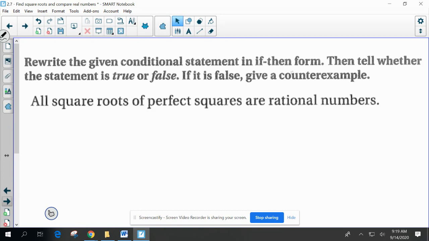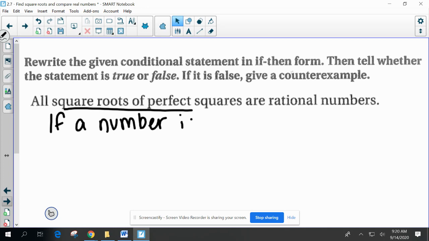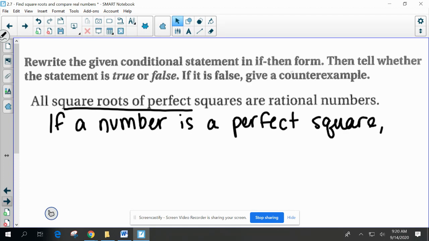Yeah. Okay, so again, all square roots of perfect squares are rational numbers. So this is our if part. So how about if a number, we could just say if a number is a perfect square. If a number is a perfect square, okay, then what?